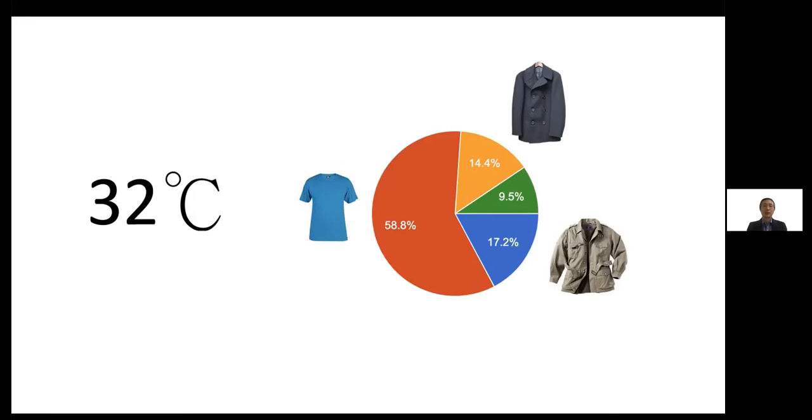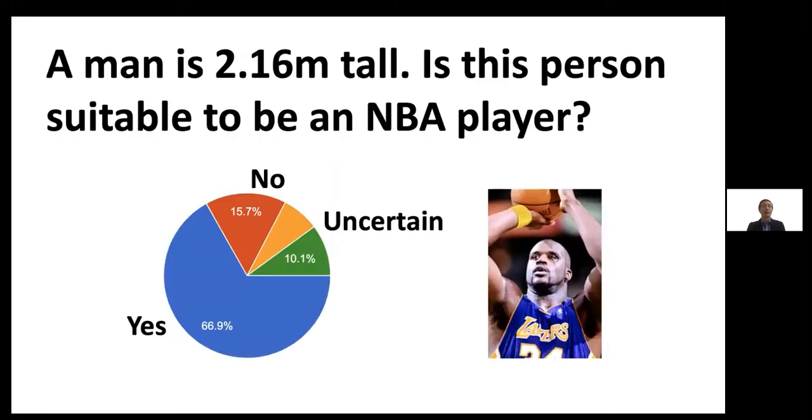Luckily, many of them picked the summer clothes. Here's another question: if a man is as tall as Shaq O'Neal, can this person be a good NBA player? We didn't tell the participant it is Shaq O'Neal. The good thing is many of them agree, but there are many who say no or do not know.